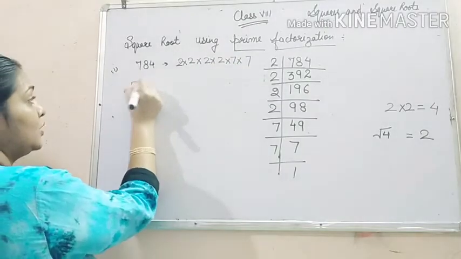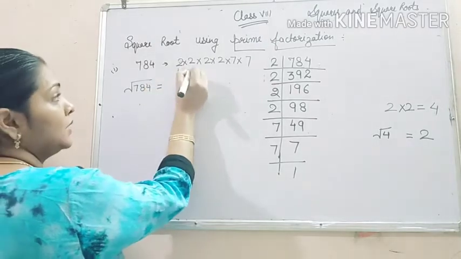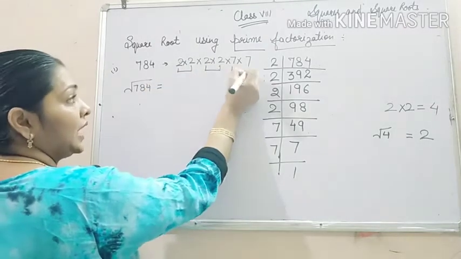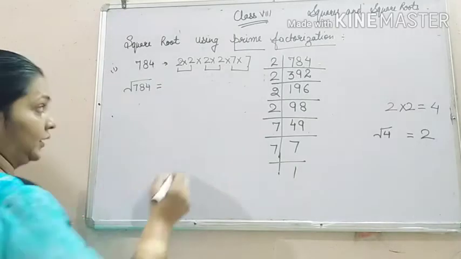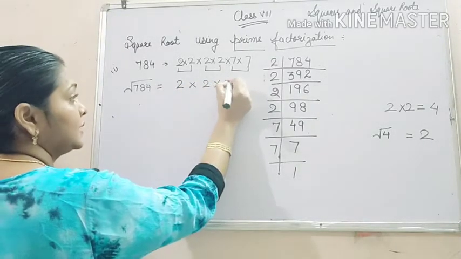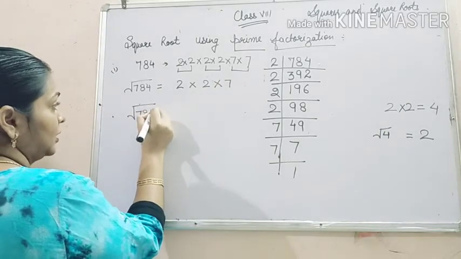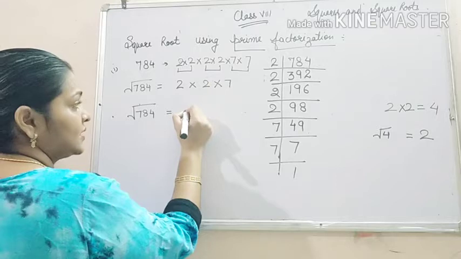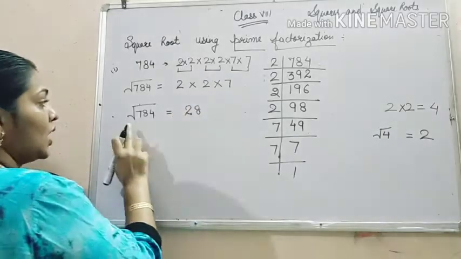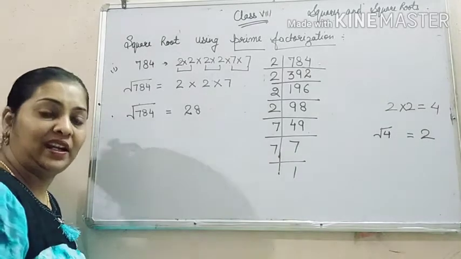So under the root 784 will be equal to, from each pair we will take out one factor: 2 2 7. 4 7s are 28. So the square root of 784 is equal to 28.